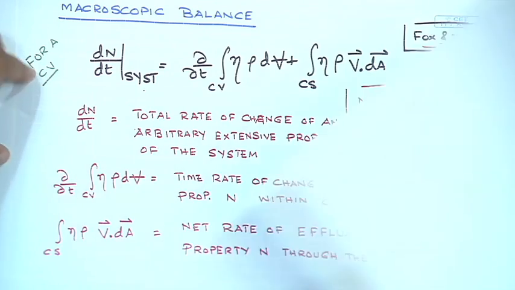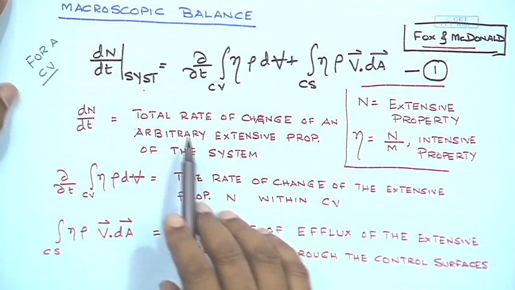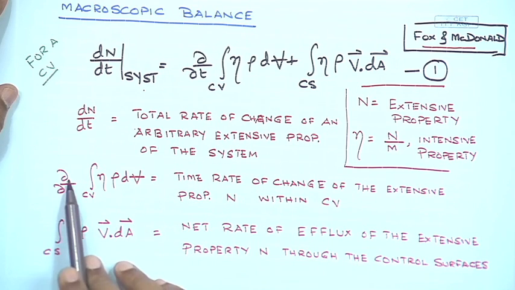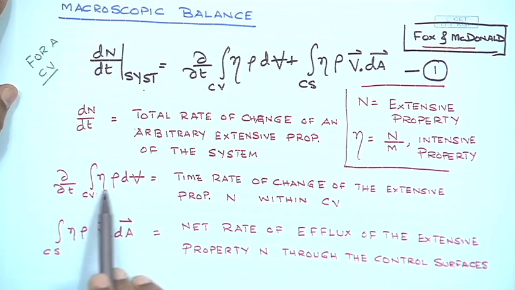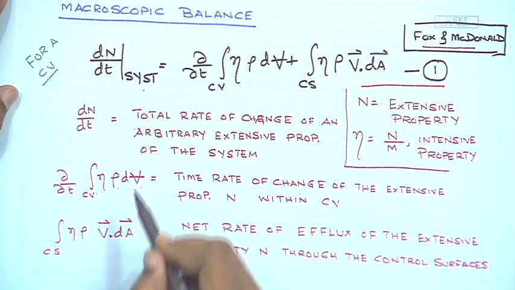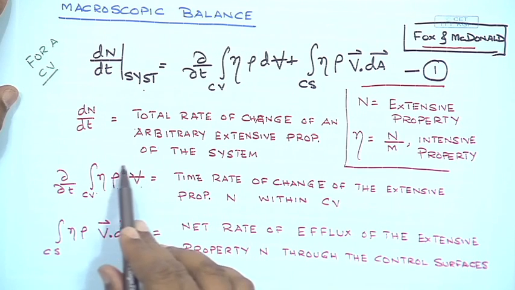Now let us go back to the slide once again and see what they are. Your dN/dt is the total rate of change of an arbitrary extensive property, ∂/∂t of the integral of eta rho dV. Eta is the intensive property, and rho times dV, where V is the volume, is essentially the mass.